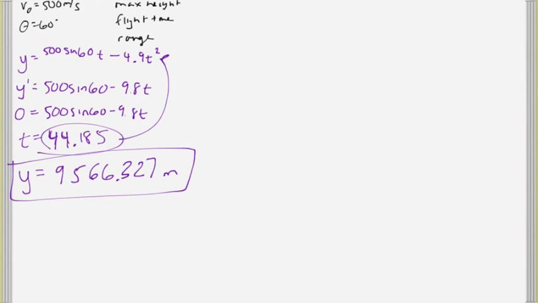So one way to solve for the flight time is going to be to think about taking our x equation from the last problem, which was x is equal to 500 cosine of 60t. Set that equal to 0, but that's a problem.